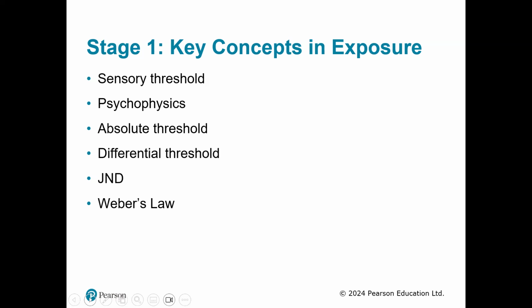The amount of change required for the perceiver to notice a change systematically relates to the intensity of the original stimulus. The stronger the initial stimulus, the greater the change must be for us to notice it. This relationship is Weber's law.